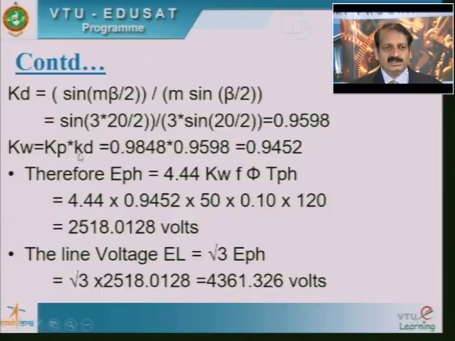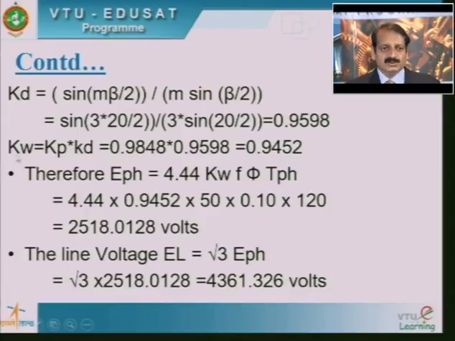Winding factor can be calculated as pitch factor into distribution factor, that is Kp into Kd, which is equal to 0.9848 into 0.9598, which is equal to 0.9452. Therefore, E phase, that is the phase voltage, the RMS value is given by 4.44 Kw, that is winding factor. So, sometimes we can directly substitute, instead of calculating winding factor, 4.44 Kp Kd directly here.